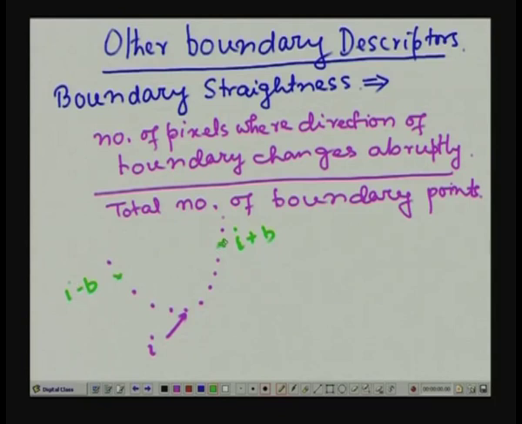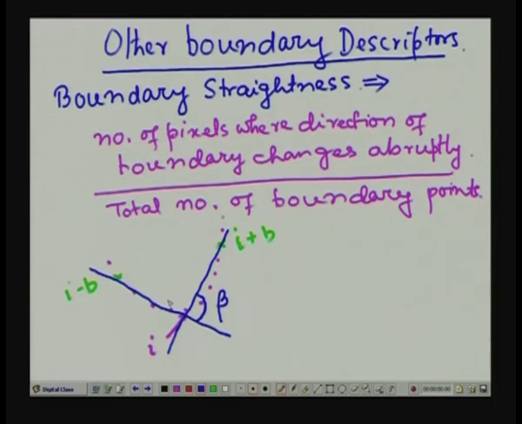Then I draw a straight line passing through I and I plus b, and I draw a straight line passing through I minus b and I. And I try to find out the angle between these two straight lines, say angle beta. If the boundary changes abruptly at this pixel location I, then this angle beta will be quite high. Whereas, if the boundary does not change abruptly at this location I, then the value of angle beta will be very low.